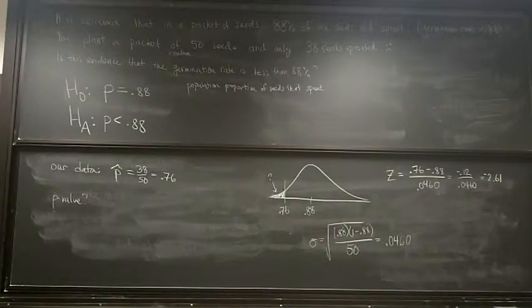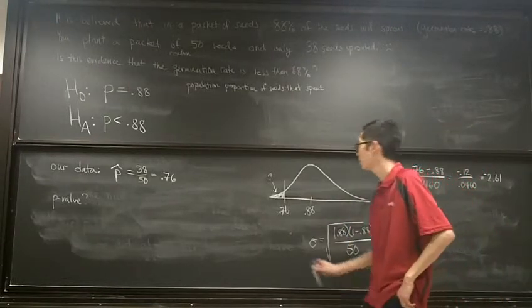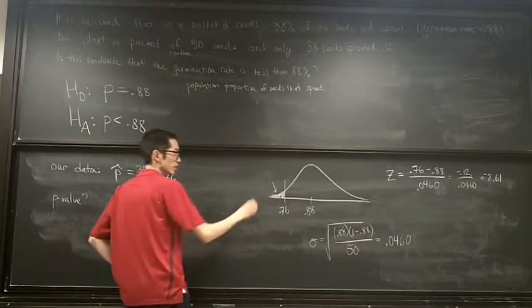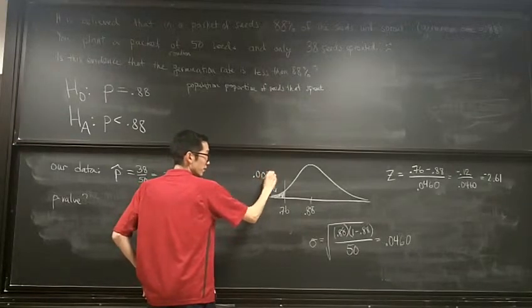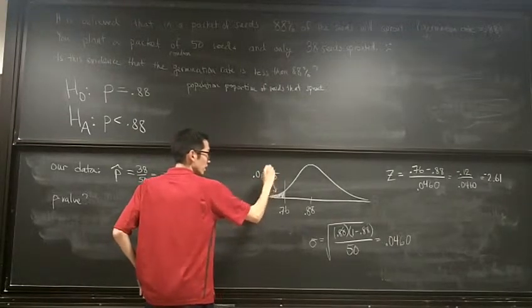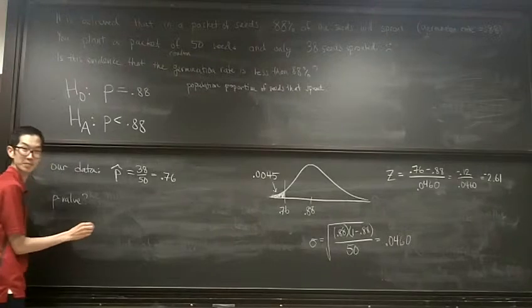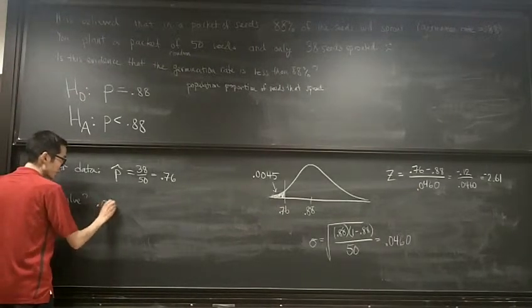Okay, so now I look at negative 2.61 in the z table, and what do we get? 0.0045. Is that right? Yeah, it is. Alright, I'm trusting you guys.